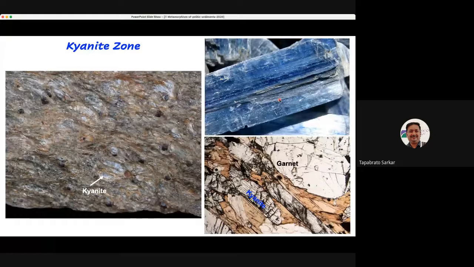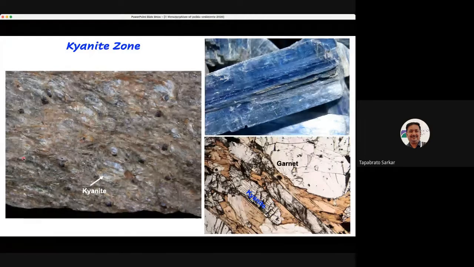These are elongated minerals with a light bluish tinge, and these are actually the kyanite grains in the rock. These can be staurolite or garnet. These are the kyanite, and you can clearly see a schistosity or a foliation, which is dominated by these dark colored minerals, and I guess these should all be biotite.